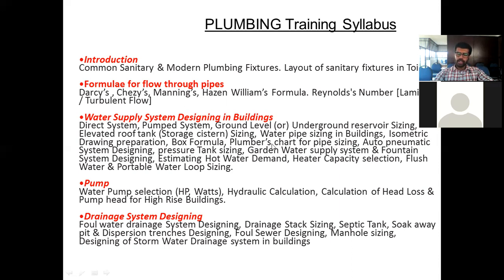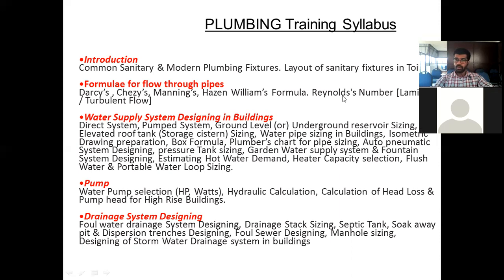When we solve the questions, we can find the slope, the frictional loss, and the pipe diameters. And we can find whether it is a laminar flow or turbulent flow with the help of the Reynolds number.